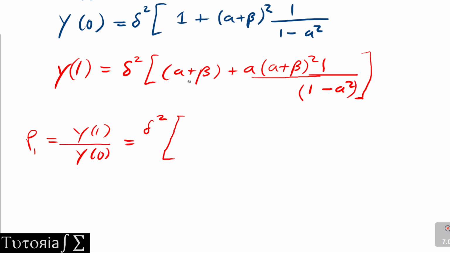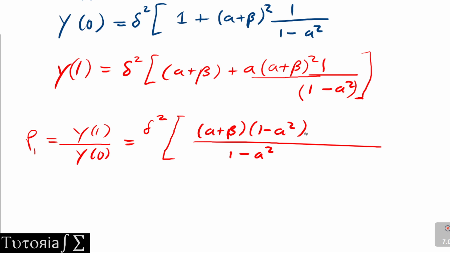So we find the common denominator here. The common denominator on this part will be 1 minus a squared. So this will multiply with that, so that we're going to have a plus beta times 1 minus a squared, plus this part, which is a, then a plus beta squared. So this is a 1, so no need to put it there.